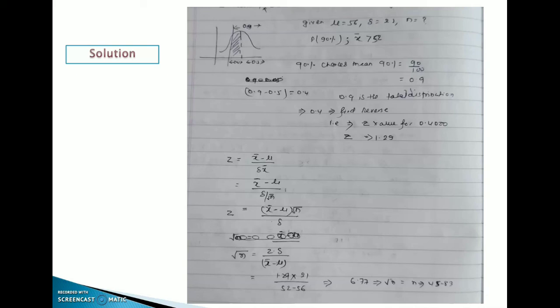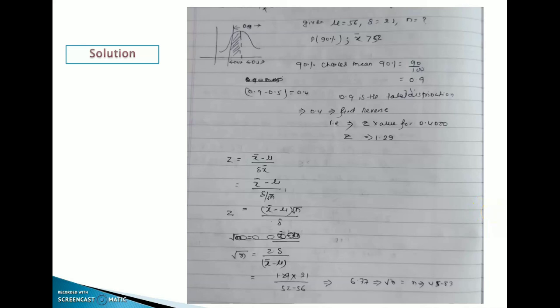Since we know sigma x bar is equal to sigma divided by square root of n, by using that formula we get z is equal to x bar minus mu multiplied by square root of n divided by sigma, and through that we have square root of n is equal to z multiplied by sigma divided by x bar minus mu.